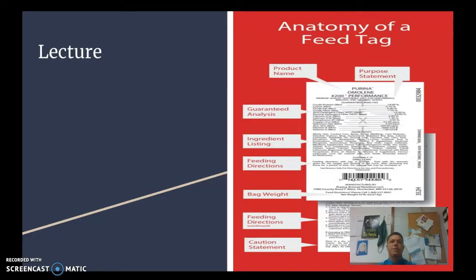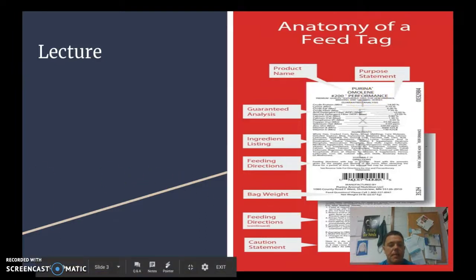What they are responsible for giving you is a product name. It sounds kind of obvious, but it has a product name. It could be more advertising, or it could be a bluntly one that doesn't really have any advertising at all. For instance, this one is called Purina Omolene 200 Performance. It has a purpose statement underneath it.